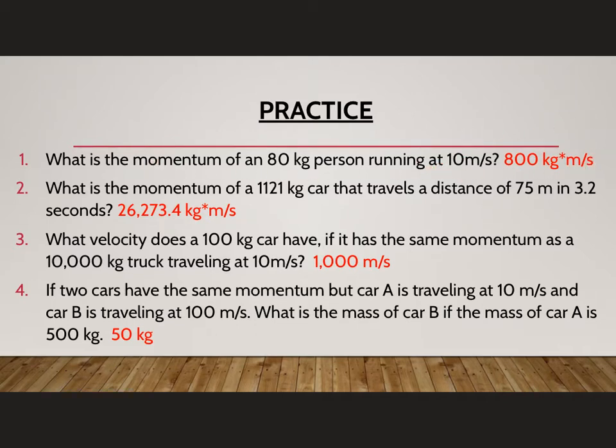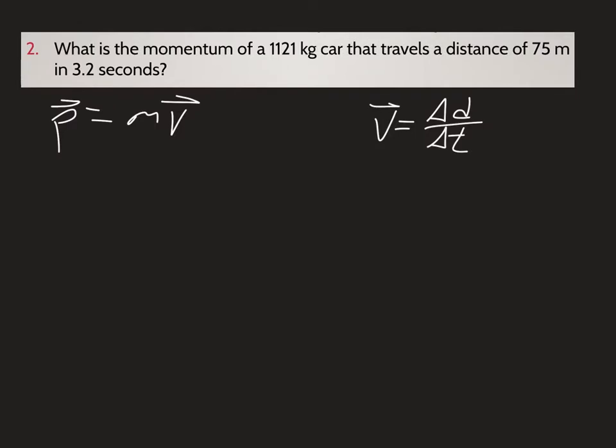Let's look at number 2. So like I said, in this one, we're going to have to identify different things. First, our mass for our car. Then we need to look into what makes velocity. So that's distance, 75 meters, and 3.2 seconds is our time. Now that we have those, we can start to plug those into what we know. So with the velocity, we have all of our variables.